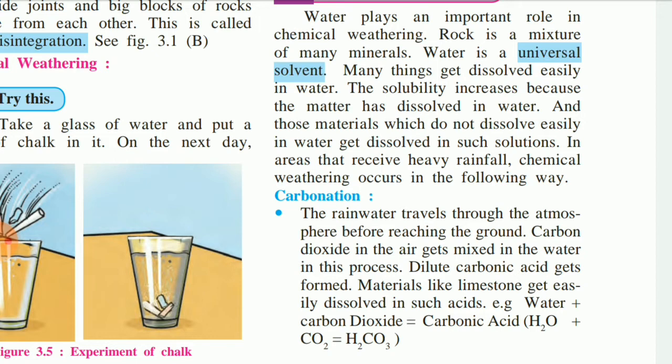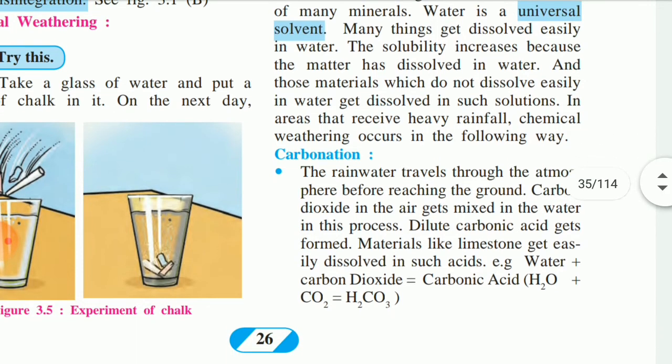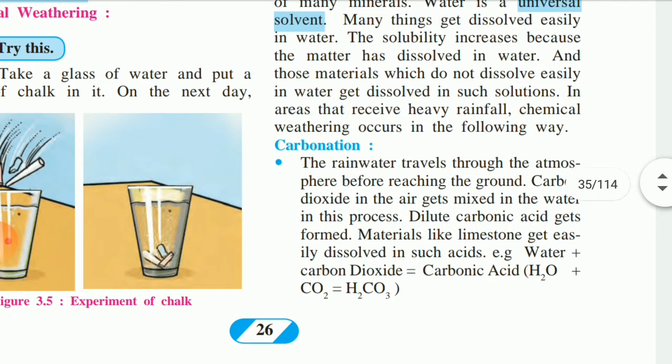Any color you add in it, the water turns to that color. Many things get dissolved easily in water, and the solubility increases because the matter has dissolved in the water.